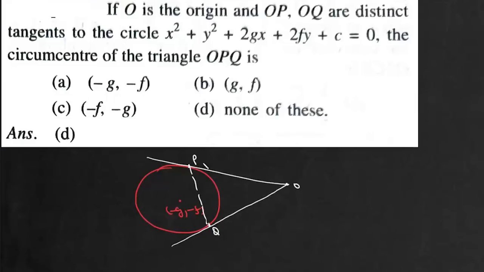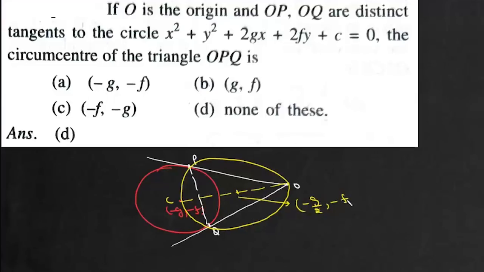Now it's a standard result that the circumcircle of triangle OPQ will pass through the center of this given circle, and basically the center of this circle will be the midpoint of OC. So we are looking for this point. Now this point is the midpoint of OC, and the midpoint of OC is (minus g by 2, minus f by 2), which is none of these, and that's your option D.